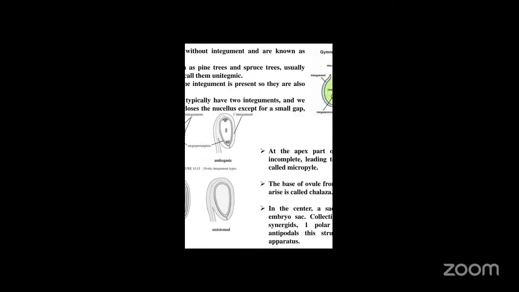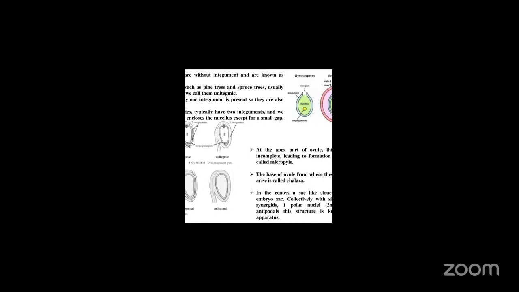We have already discussed the types of ovules: orthotropous, anatropous, hemianatropous, campylotropous, and amphitropous ovules. We already discussed that.